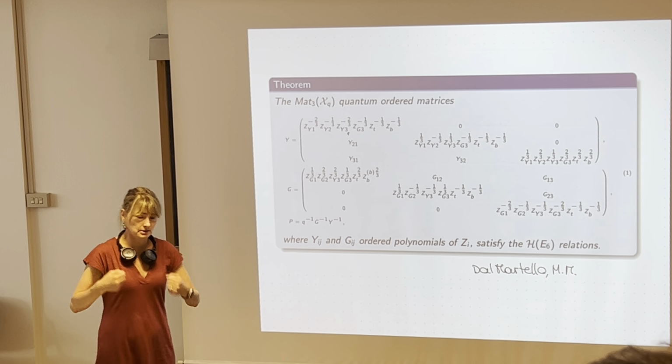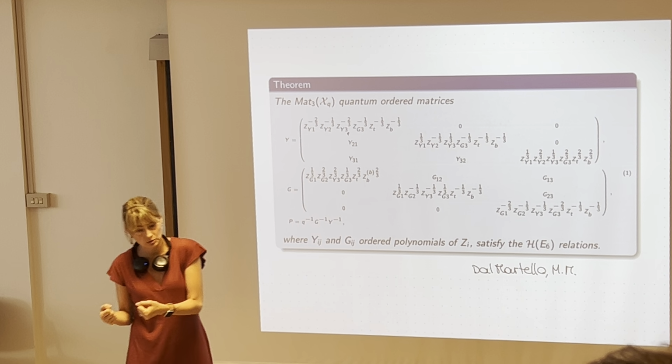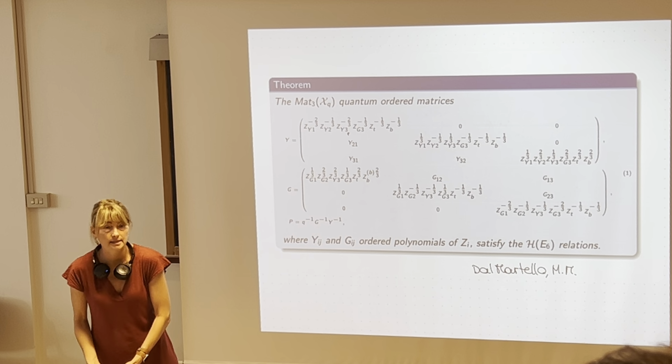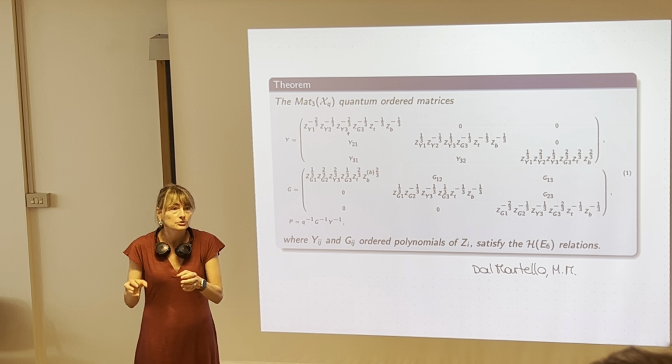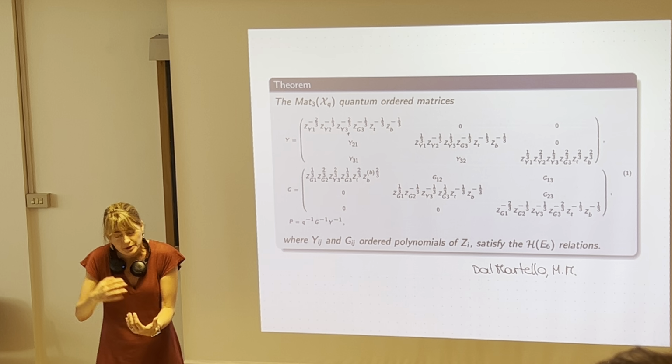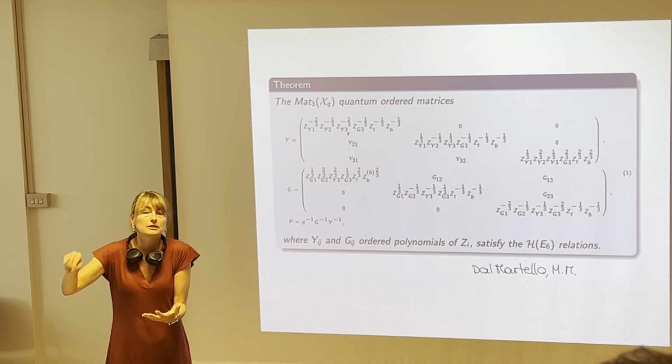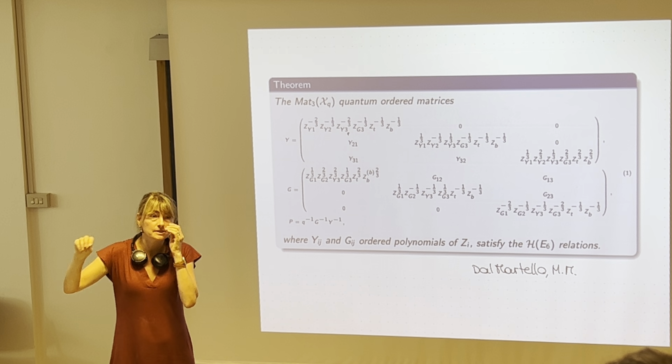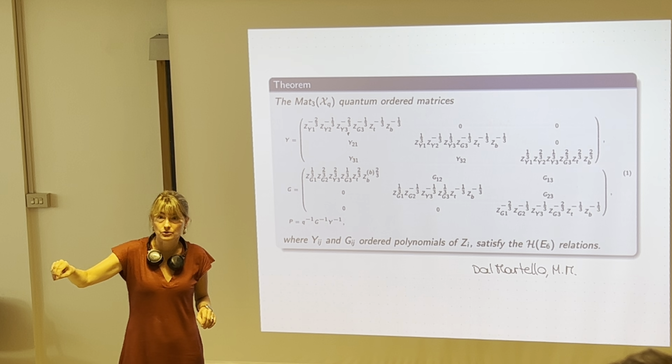And then you ask the other question: if I give you the monodromy, can I reconstruct the equation? Rigidity means that the answer is yes, namely that you can do it only looking at the local monodromy, or in other words, at the Riemann symbol of your equation.